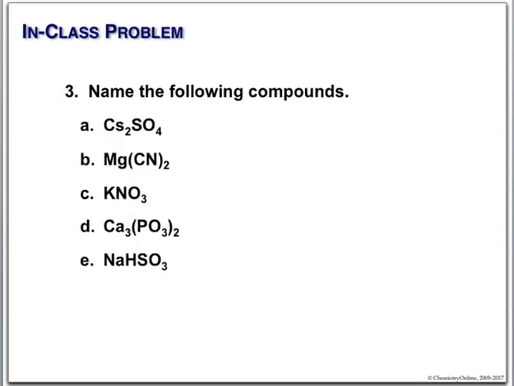On the exam, I also put this set in for going backwards. These are all ionic compounds. Remember, with an ionic compound, how do you know if it's ionic? It has a metal. If it has a metal, it's ionic.